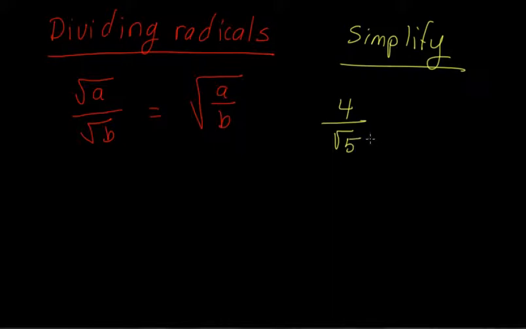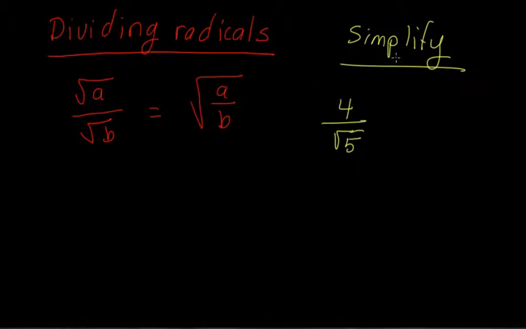For sure, this radical in the denominator will not simplify. I can't find a factor of 5 that is a perfect square. And 4 isn't under a radical at all, so I can't do that with it.